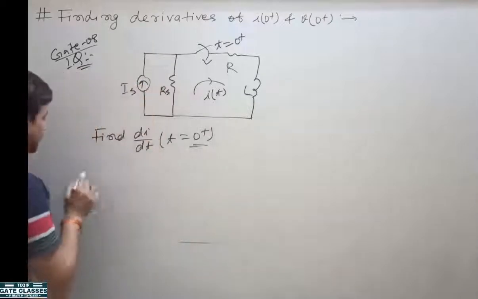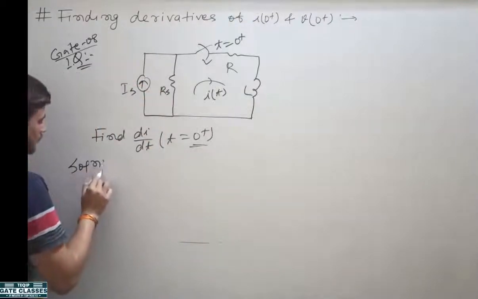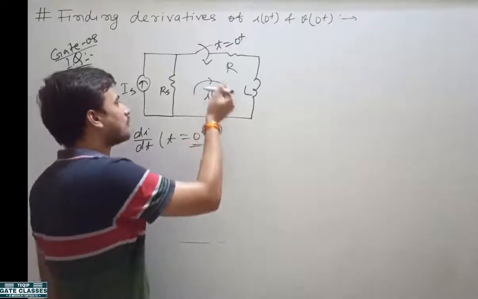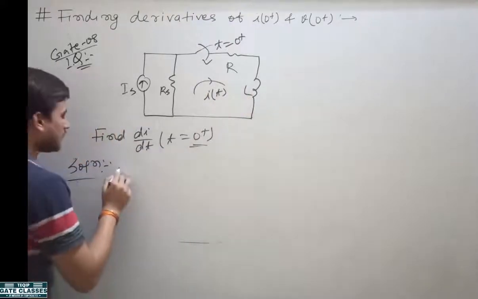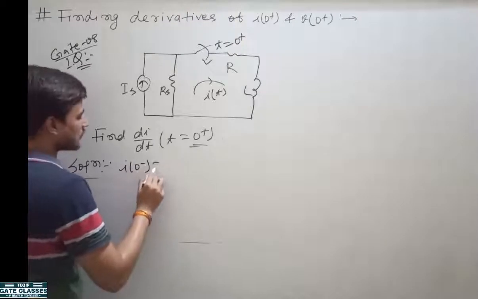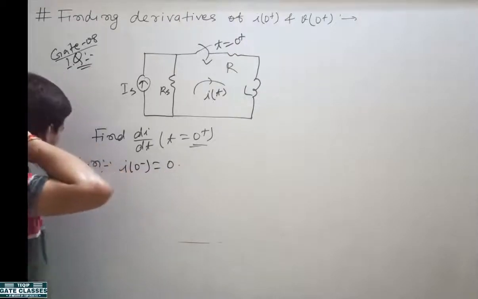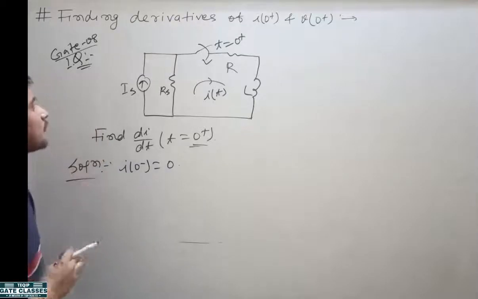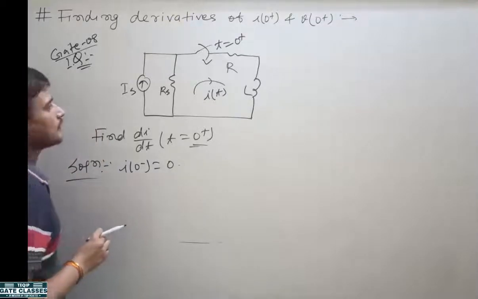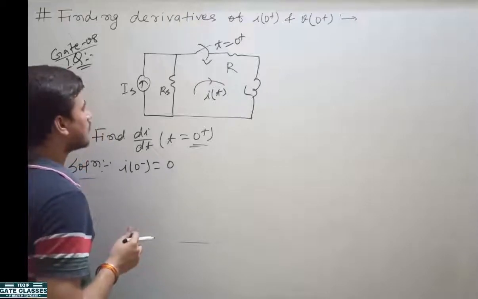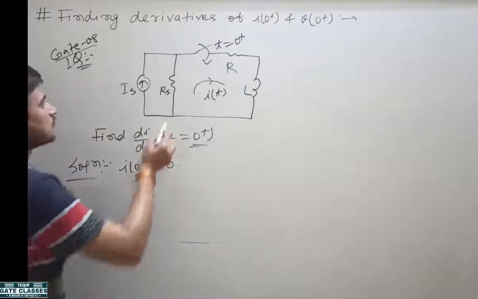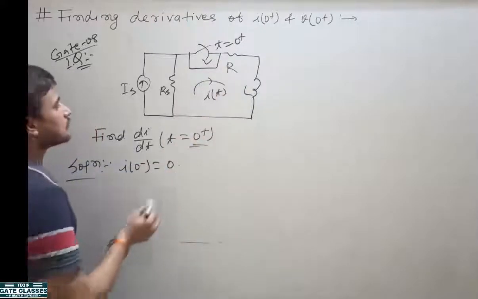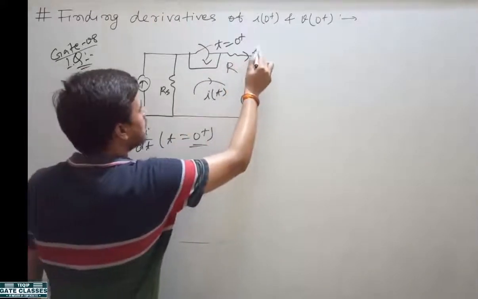Clear? Come to the solution. Initial conditions were 0. When the switch was open, at that time the value of i(t) was how much? So i(0-) was nothing but 0. Clear? Now what will happen? You will see that the switch has been closed at time t equal to 0. So when the switch is closed, the current i(t) will flow through this one.